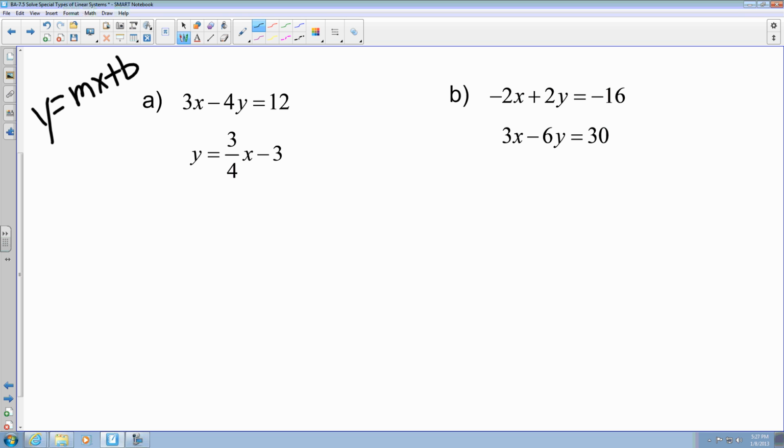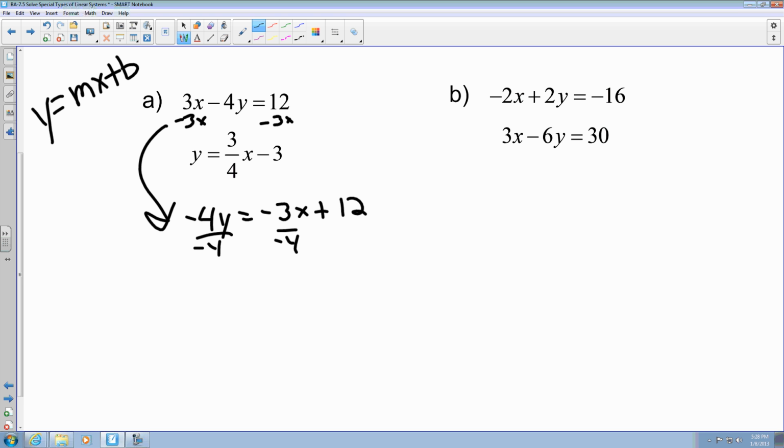So first off, I'm going to subtract 3x from both sides, which then brings me to negative 4y equals negative 3x plus 12. So I need to divide everything by negative 4.